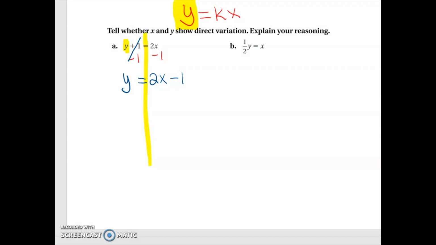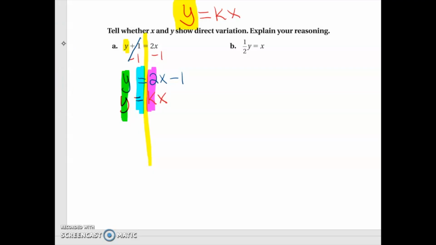Okay, so we want to compare our equation y equals 2x minus 1 to y equals kx. So we just are going to line them up, y equals kx. And we want to see if all of the parts match up or if there are extras. So the y's match up, the equal signs match up. Now, k in this equation would be 2.